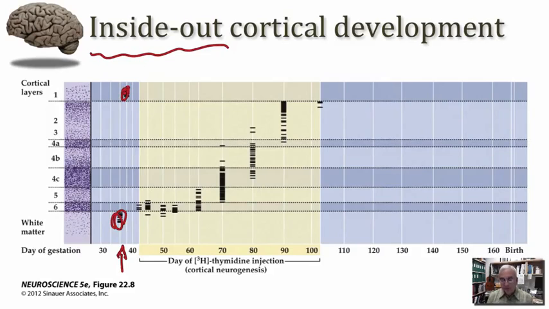And thereafter, as we progress through the second trimester of pregnancy, the cells that are born early in that second trimester come to reside in the lower portion of the cortical plate, in a region that ultimately differentiates into cortical layer 6, the inner layer of the cortex that sits just on top of the white matter.